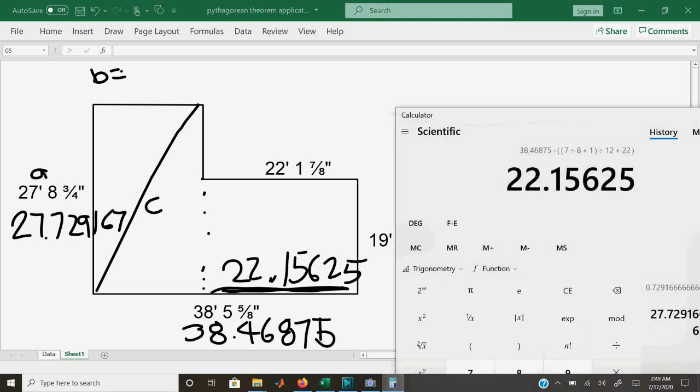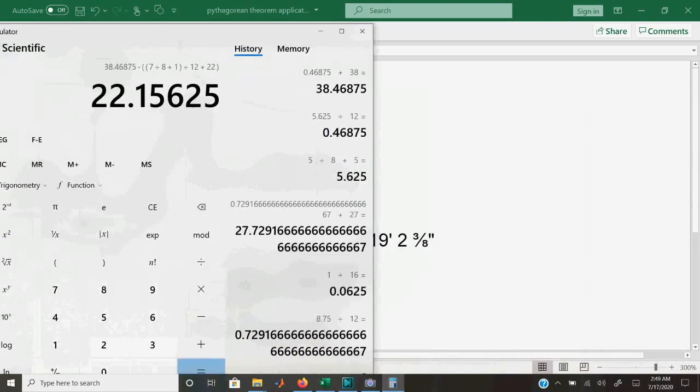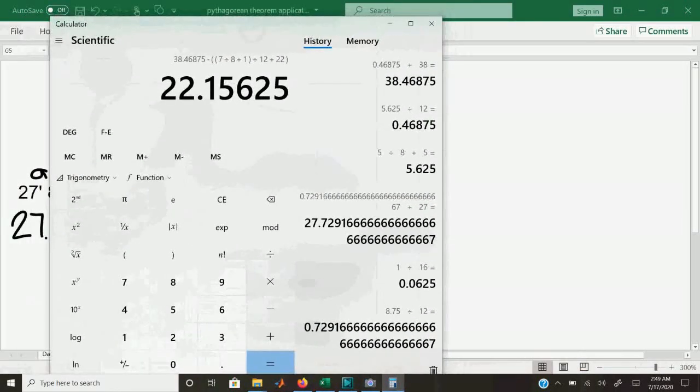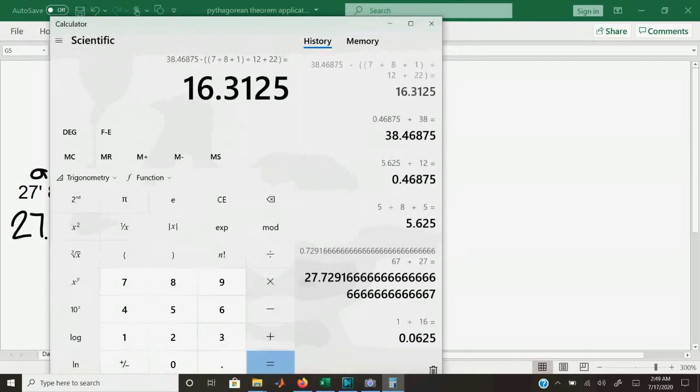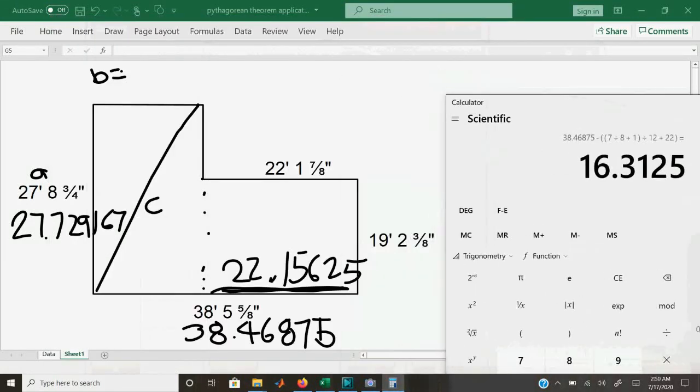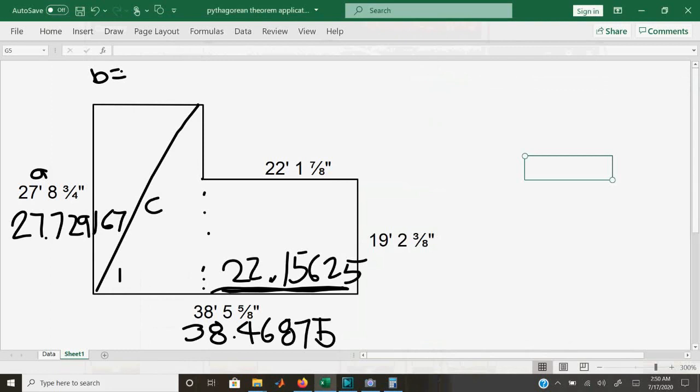Now I push my equal sign. Having closed my parentheses, I've got the value of the side that's given. When I push my equals, I do my subtraction, 16.3125. So I have this side is actually 16.3125.